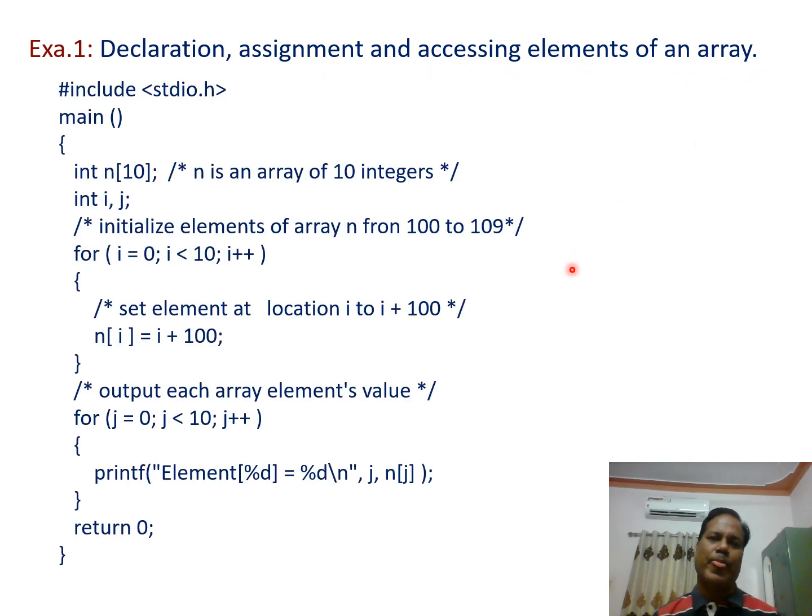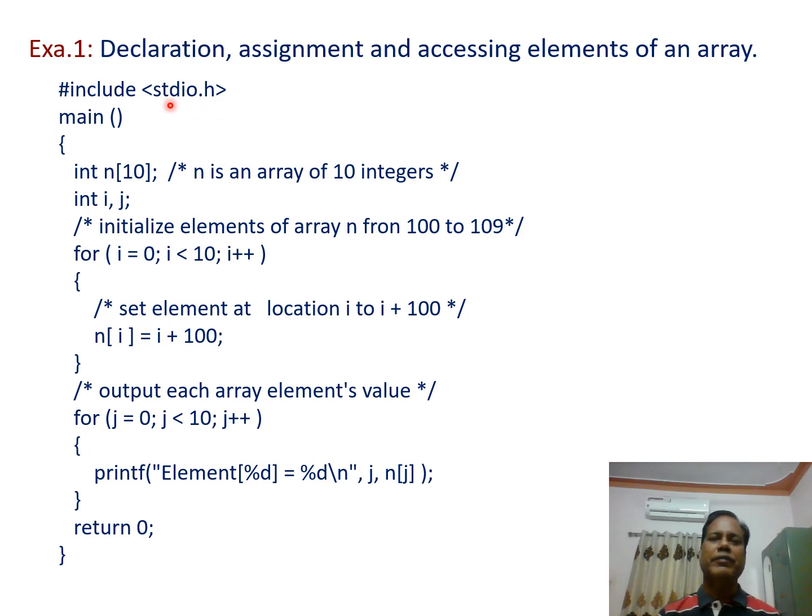Now let us see an example: declaration, assignment and accessing elements of an array. So a program can be written like this one. In every C program we write #include, within the less than and greater than signs, stdio.h.